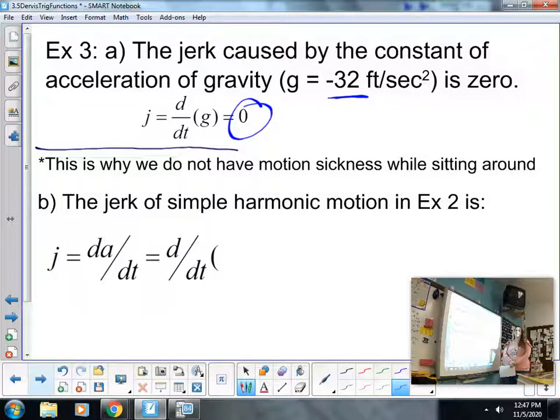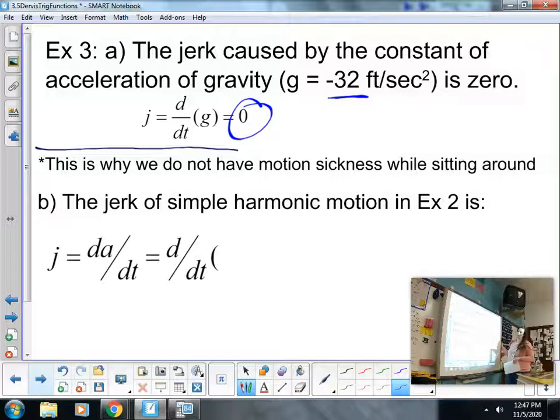The gravity is not changing, it is constant, and that's a good thing, because otherwise you would get motion sick. This is why in a car, people typically get motion sickness. It's because they can't anticipate those changes in acceleration, and when you can't anticipate that change, the body doesn't always respond appropriately.